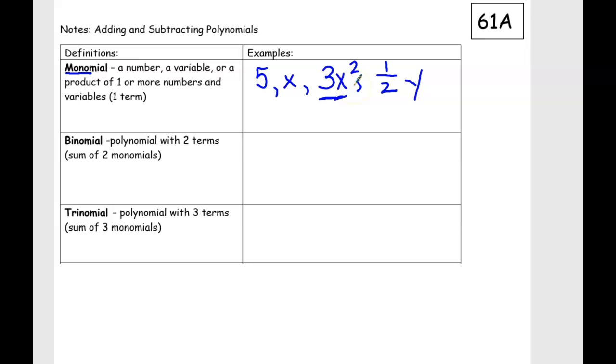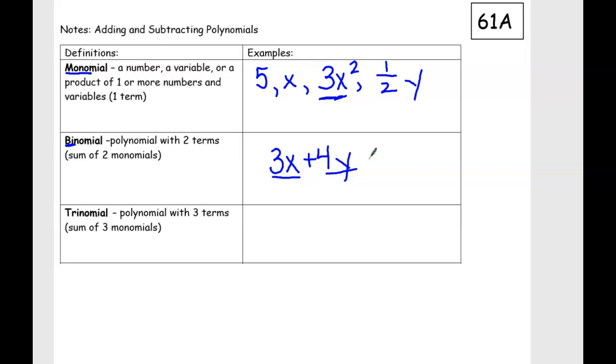Monomial means one. Binomial, with the bi in there, is a polynomial with two terms. An example would be 3x plus 4y. Notice we have two terms. Two terms would be a binomial. It's the sum of two monomials, or it could be a difference too.